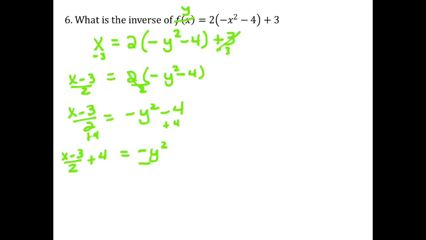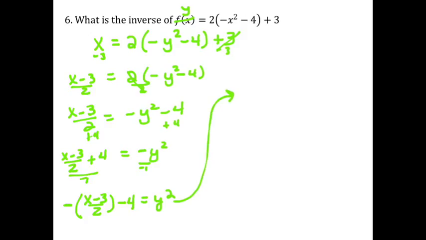So I'm going to divide both sides by negative 1. And if we do that, I end up with negative x minus 3 over 2 minus 4 is equal to y squared.